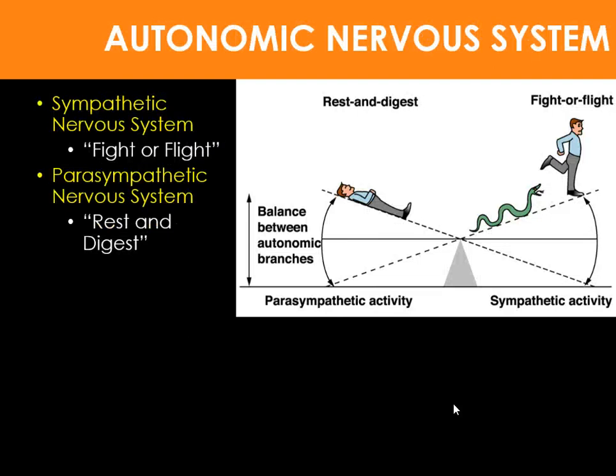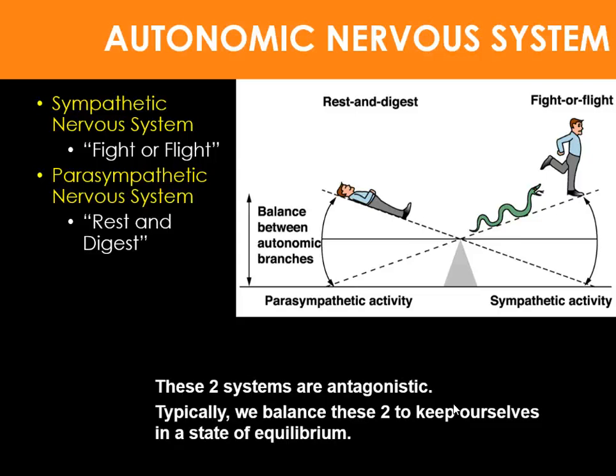Okay, now dividing more, your autonomic nervous system has two settings as well. There's the sympathetic nervous system and the parasympathetic nervous system. And the sympathetic nervous system is your fight or flight portion of that response. And then you also have what's cutely called the rest and digest phase. Okay.